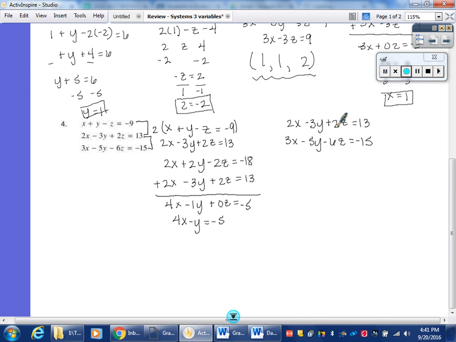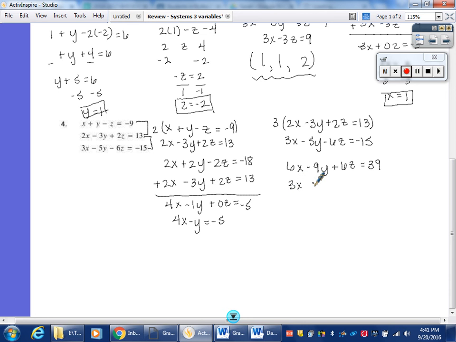And I'm eliminating z, so I need to make this into a positive 6z. It's a 2z, so I can make it into a 6z by multiplying the top equation, all of these terms, by 3. And so this becomes 6x minus 9y plus 6z is equal to 39. Now the bottom equation stays the same.